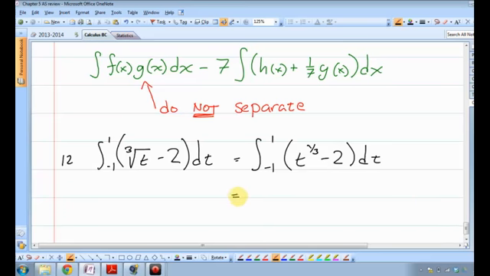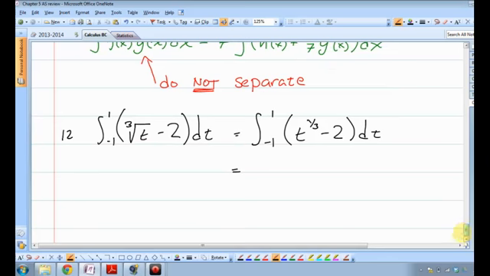I want to take that and 1/3 plus 1 is 4/3. So 3/4 of t to the 4/3 minus 2t from -1 to 1.